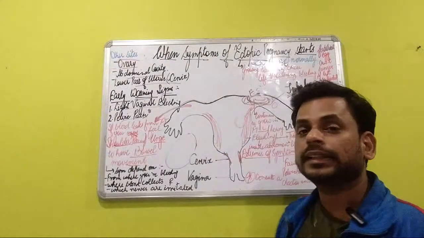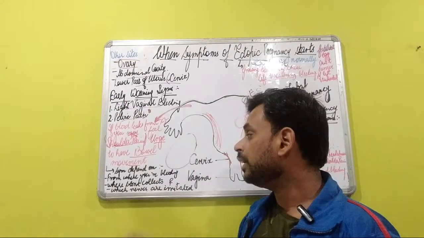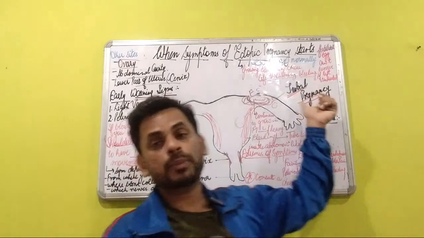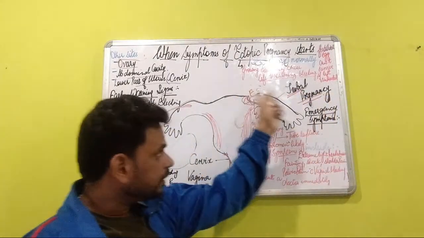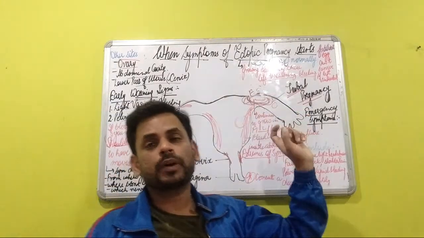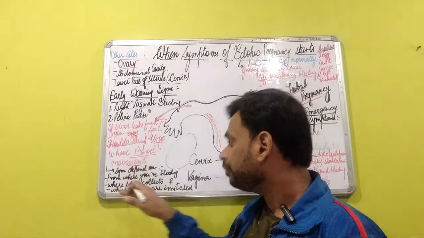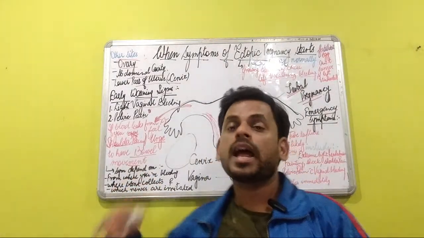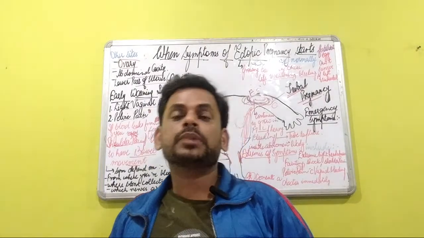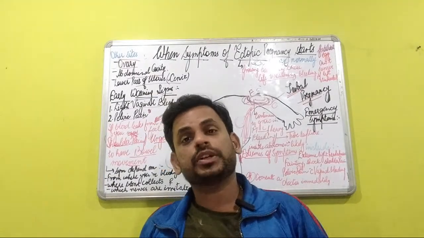So these are the two earliest symptoms, and the symptoms depend on where the bleeding is taking place. The most common ectopic pregnancy is the tubal pregnancy. So in this case, the earliest warning signs can be looked upon from where the bleeding is taking place, where the blood is collecting, and what nerves are getting irritated during such a bleeding.